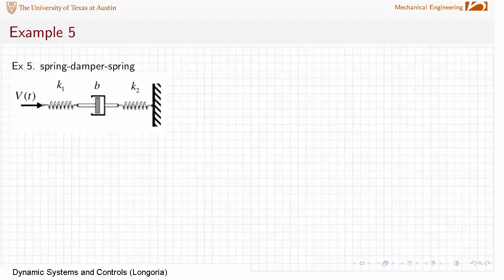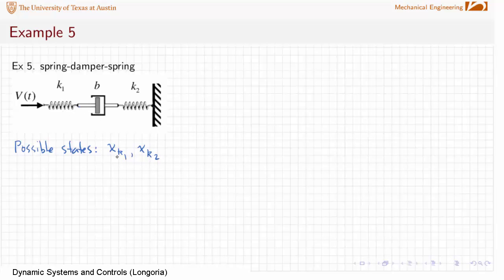And we know that the two possible states, because we've got two springs, are the two deflections here. So let's call those xk1 and xk2. Again, those are the deflections of these two springs.